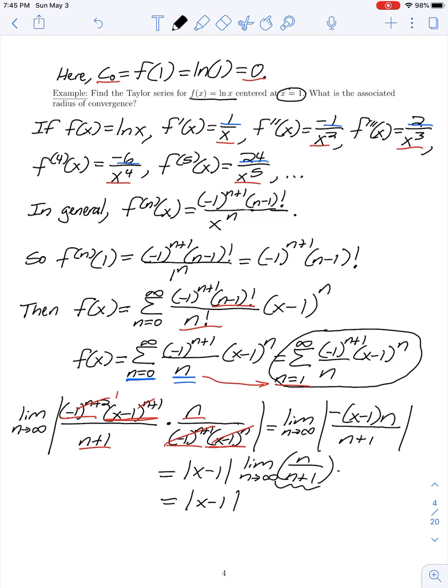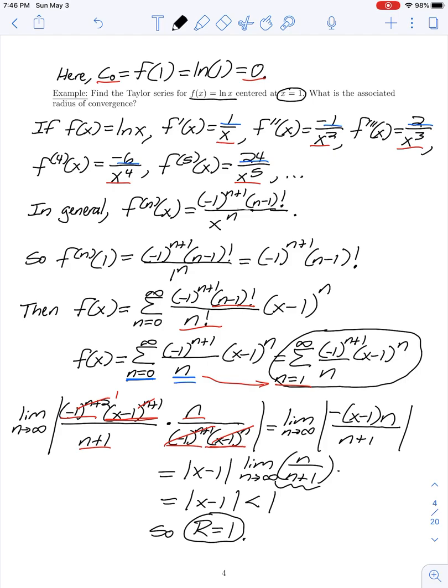Now for convergence, we know that this limiting value would have to be less than 1 by the ratio test. So our radius of convergence here is 1. From our centering value, 1, we can move 1 unit to the left or the right and still have convergence for this power series. Perhaps including the endpoints, perhaps not.